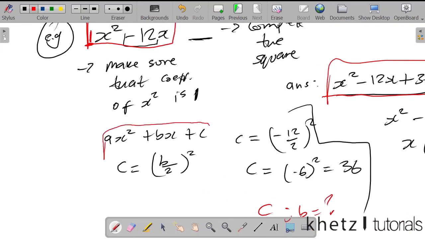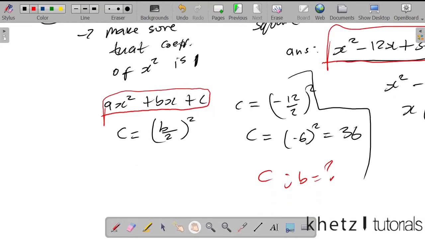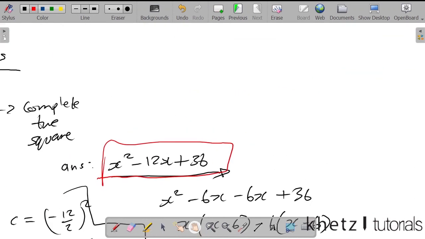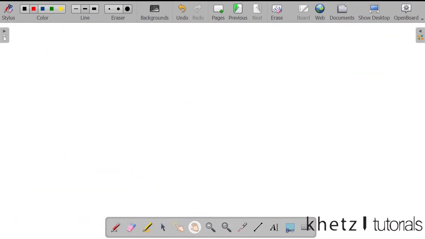So you just manipulate this formula which you have over here. But in most cases, you're actually asked to convert this general form of ax squared plus bx plus c into something which looks like this.